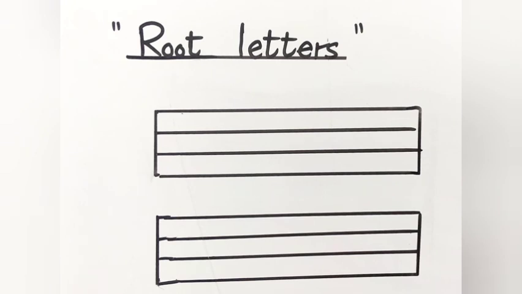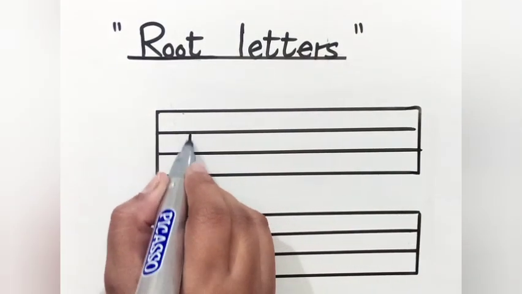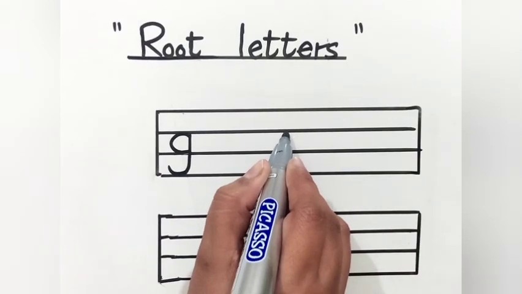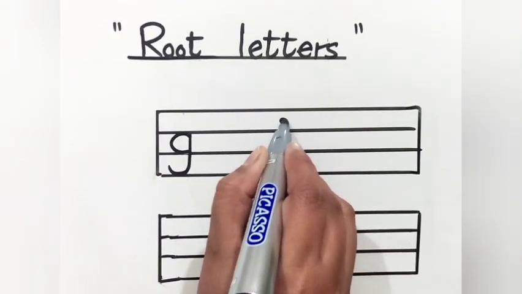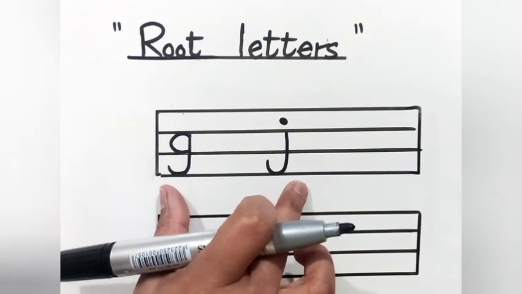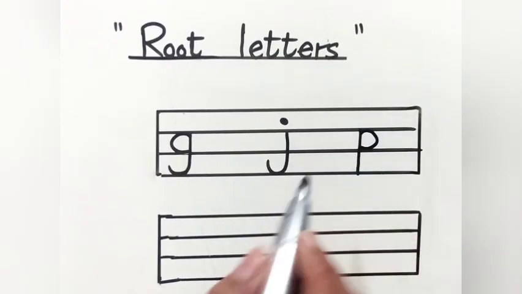We have a total of 5 root letters in our English alphabet. First of all is G. Second one is J, as it fits in the last three lines. After J we have P here.